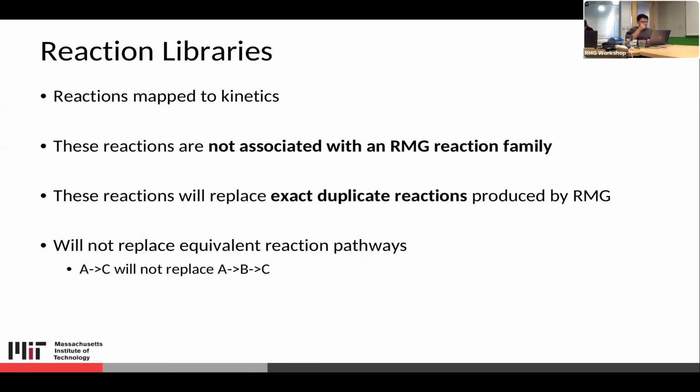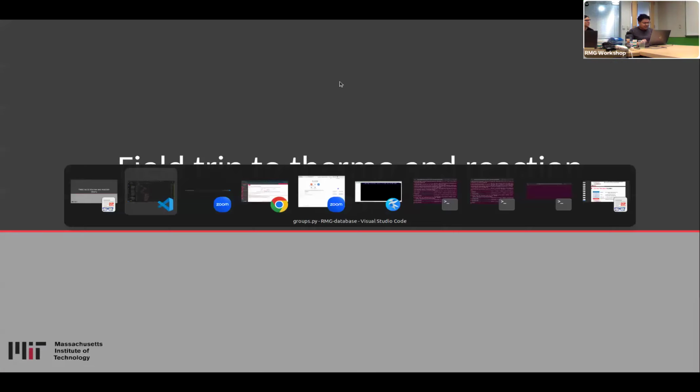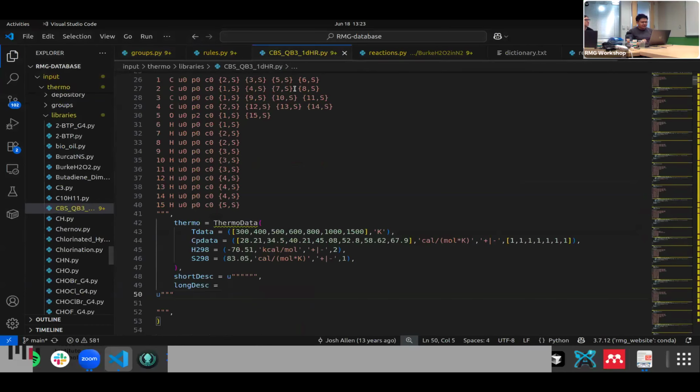For reactions, it's quite similar in that it'll match the exact duplicate reactions produced by RMG, but it won't replace equivalent reaction pathways. For example, if you have A goes to C, it won't replace A goes to B and then B goes to C. But in general, these are both sorts of exact matches to either your reactant or your reaction. So we'll take a quick look at a couple of those examples.